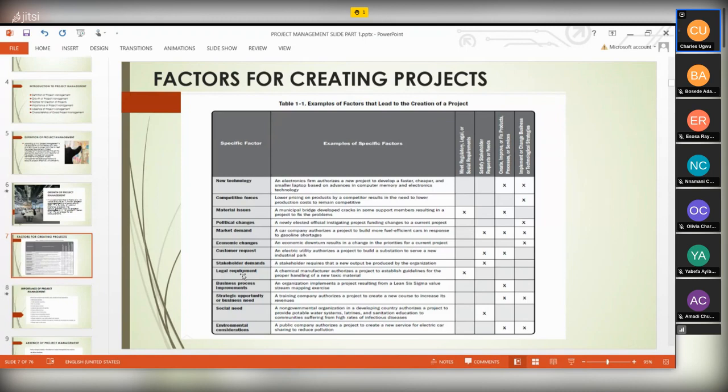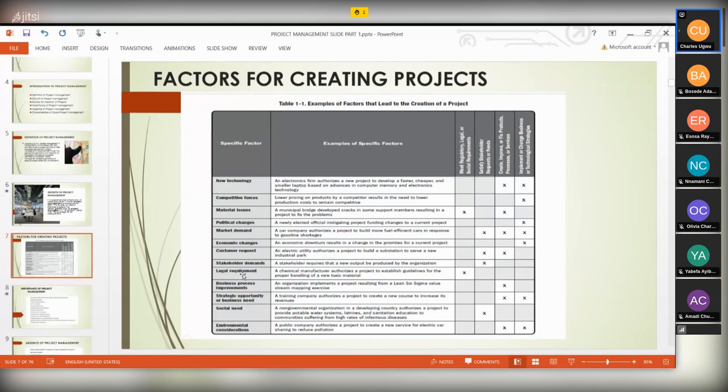Another thing that triggers projects is legal regulations. Legal regulation means that government can change their policies. And when government changes policies, you see companies will start running up and down to meet up with the regulation.